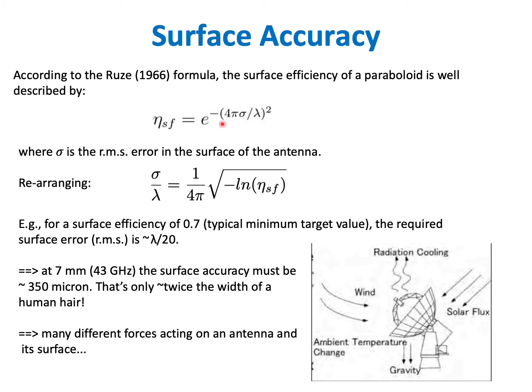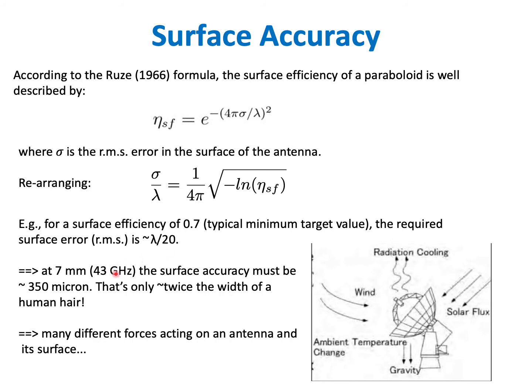If we rearrange that equation, taking the natural log of both sides, we get this expression for the RMS error in the surface over our observing wavelength. If we take the minimum typical surface efficiency of 70%, plug that in here, we get that the required surface RMS accuracy is about lambda over 20.